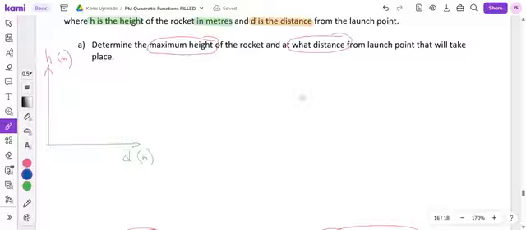Now there's a rocket flying, almost like a stomp rocket. It starts on the ground and it makes a parabola because of the gravitational acceleration, right? Gravity forces objects to fly in the shape of a parabola. That is how our Earth works.